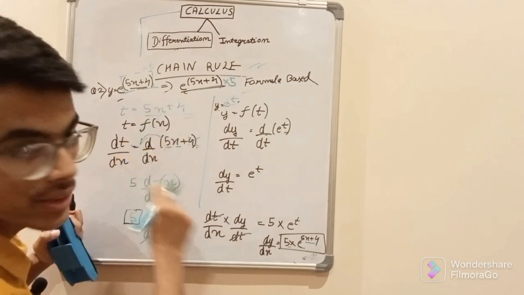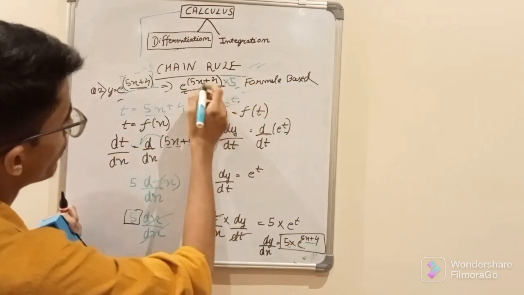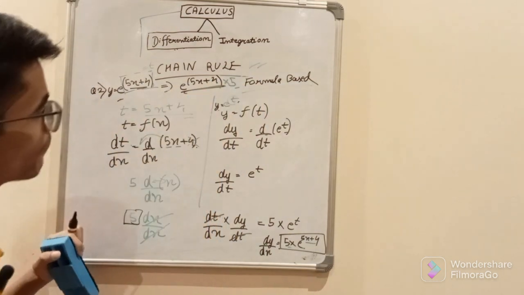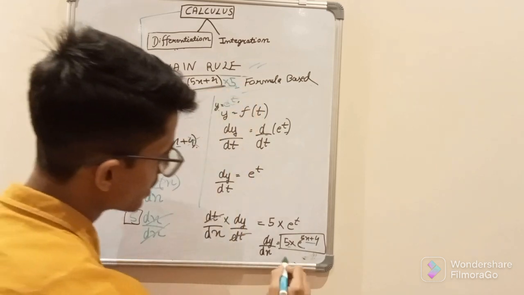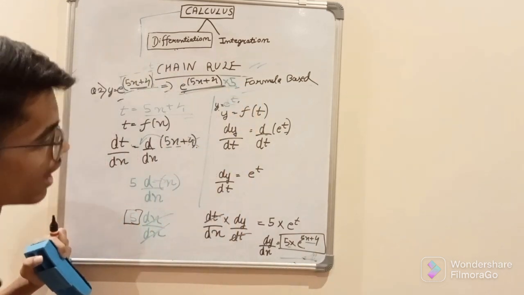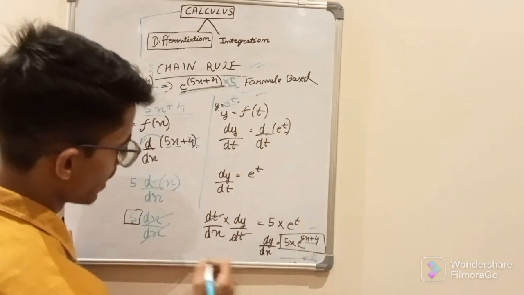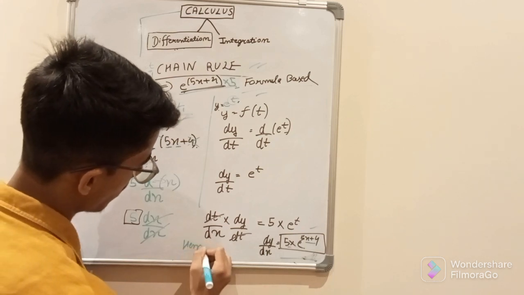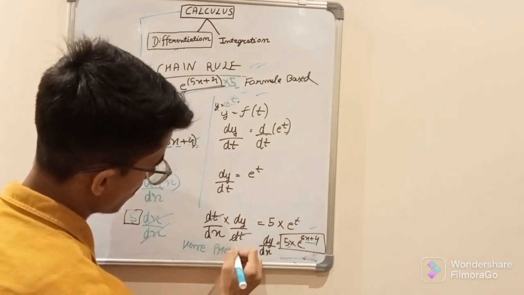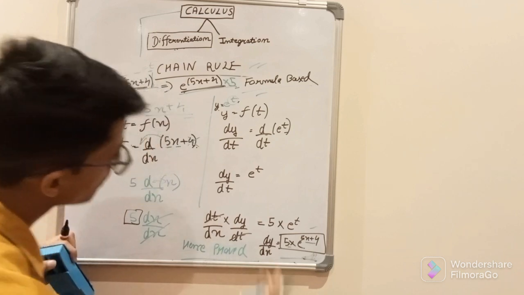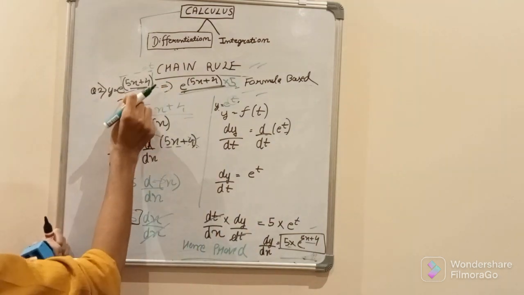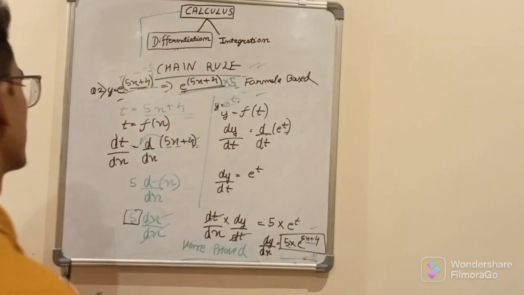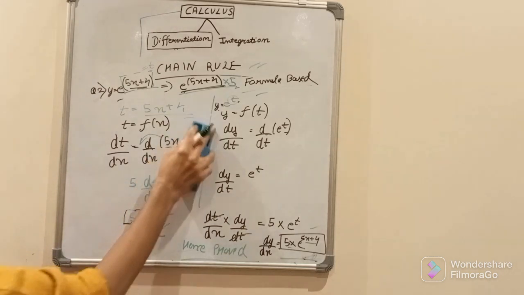I said the final answer has to be multiplied by the coefficient of x, that is 5. So this was a formula based answer and this is a derived answer, and both are same, and hence we can write proved. So this is the absolutely correct differentiation of e to the power x. Next question.